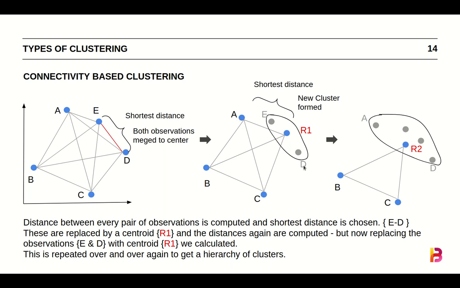So A, E and D becomes one big cluster. Again, we would remove A, E and D and represent that by calculating a central point. So earlier R1 was the center for E and D. Now we have another point called R2 which is the center for A, E and D.